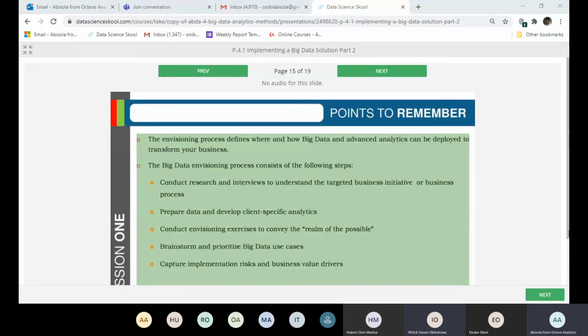The facilitation team, and you can interview the IT guys, the stakeholders, the business guys, and draw out initiatives. Then we prepare data, we brainstorm, prioritize, and then document. Actually, that envisioning process, I really understood.